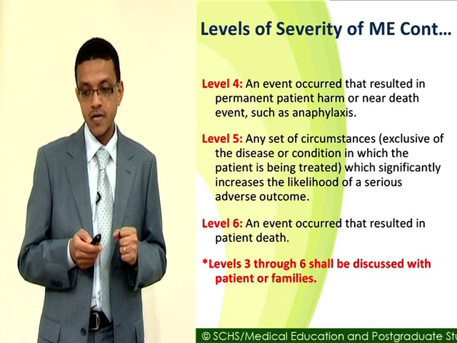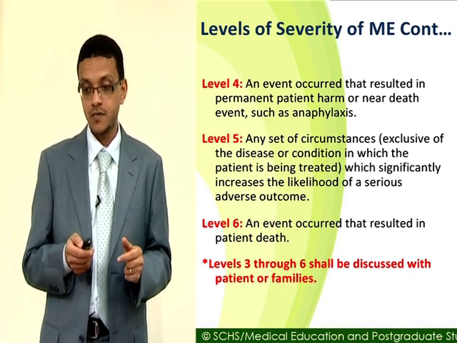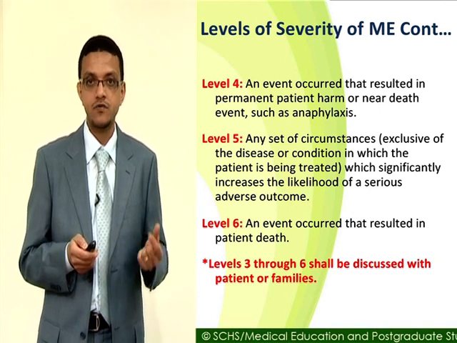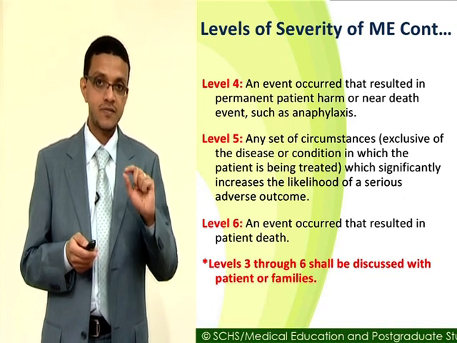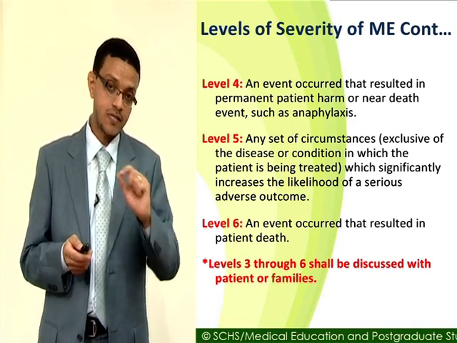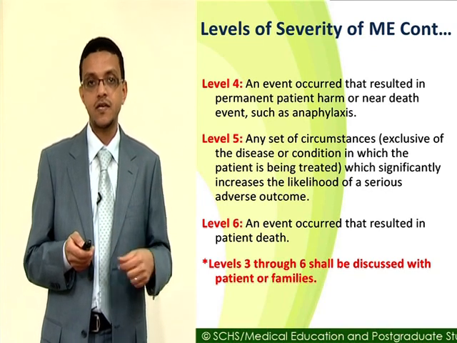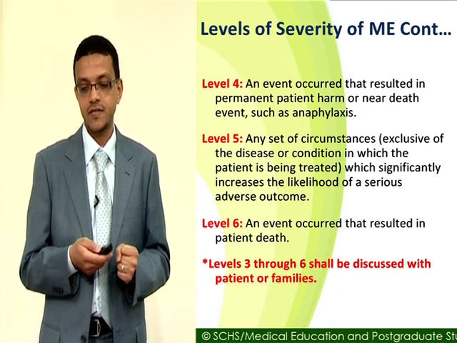Level 4 is that the harm to the patient is permanent, or near-death events such as anaphylaxis. If you give a patient penicillin, for instance, without asking the patient and testing for sensitivity, and this patient developed anaphylaxis, this is one example.